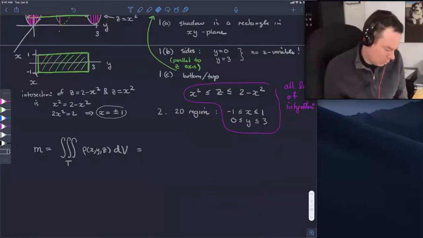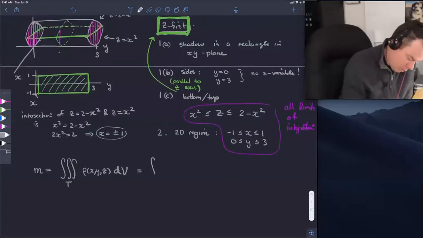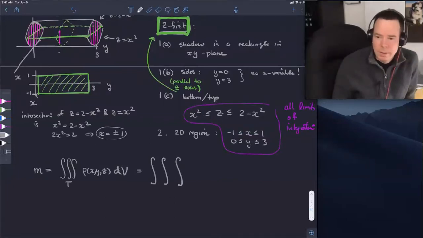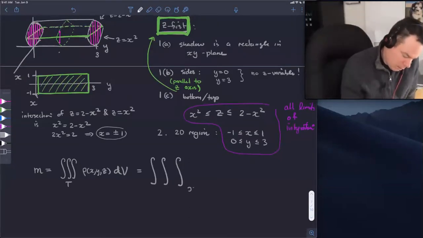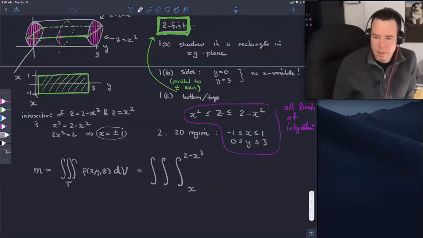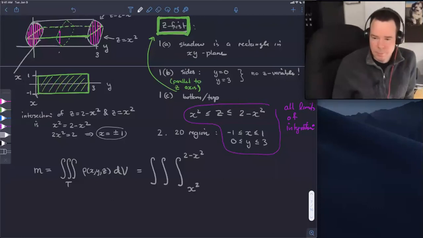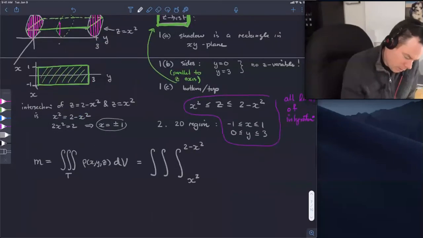Yeah. Okay. So then we're going to set up our integral. We've got our 3 integrals that we're going to do. And that's where we look at our limits of integration. So our innermost one is z. We've got the limits of integration from x squared to 2 minus x squared. And that's our density function, which again, x plus y.